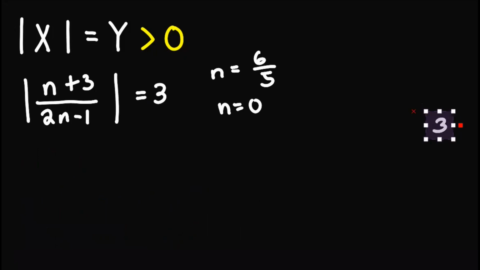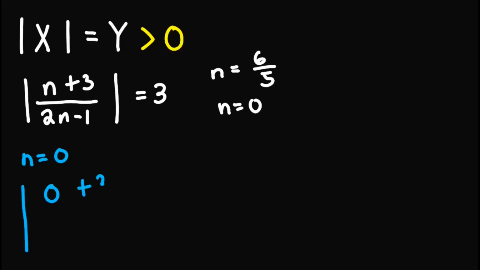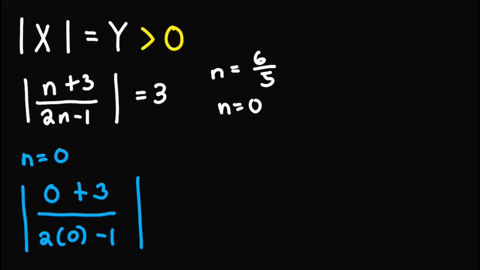Last one. At n equals 0, we'll have 0 plus 3 over 2 times 0 minus 1, the absolute value of that.